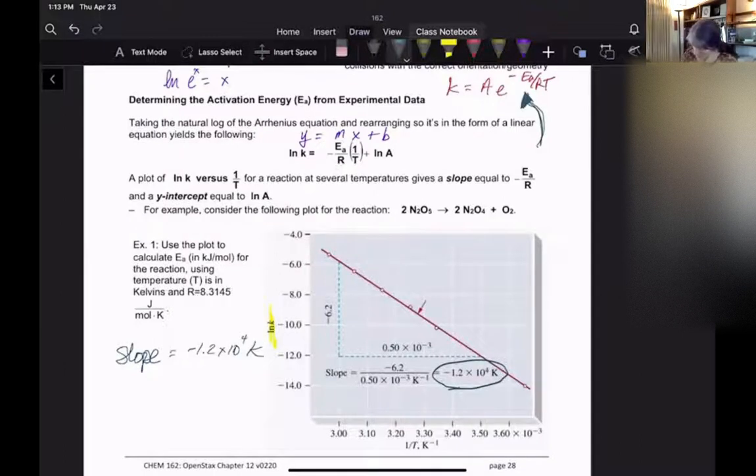What's the slope here from this equation? That equals minus Ea over R. Right, so you can see from the equation, slope equals minus Ea over R, and that equals this negative value, so it's going to come out positive.